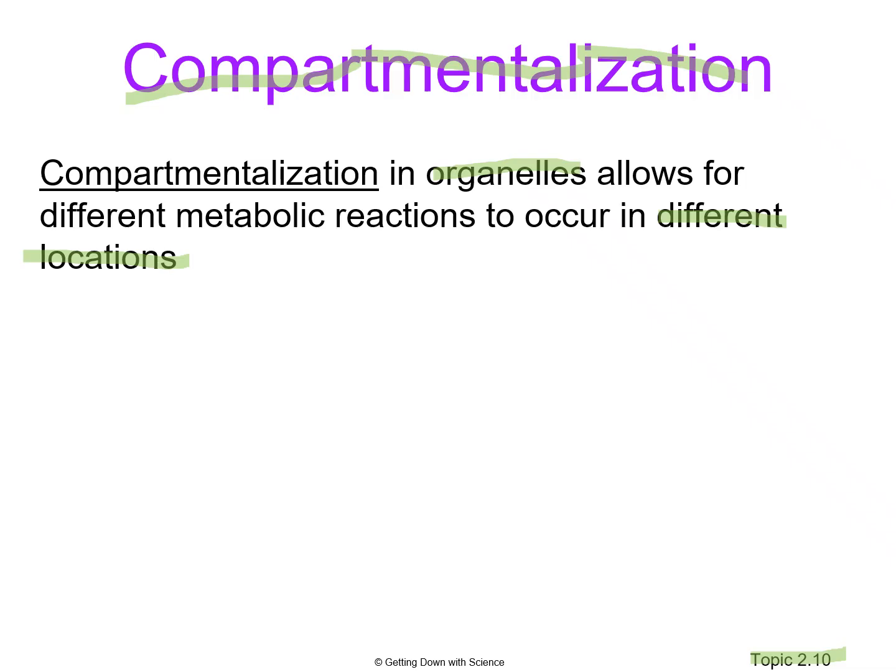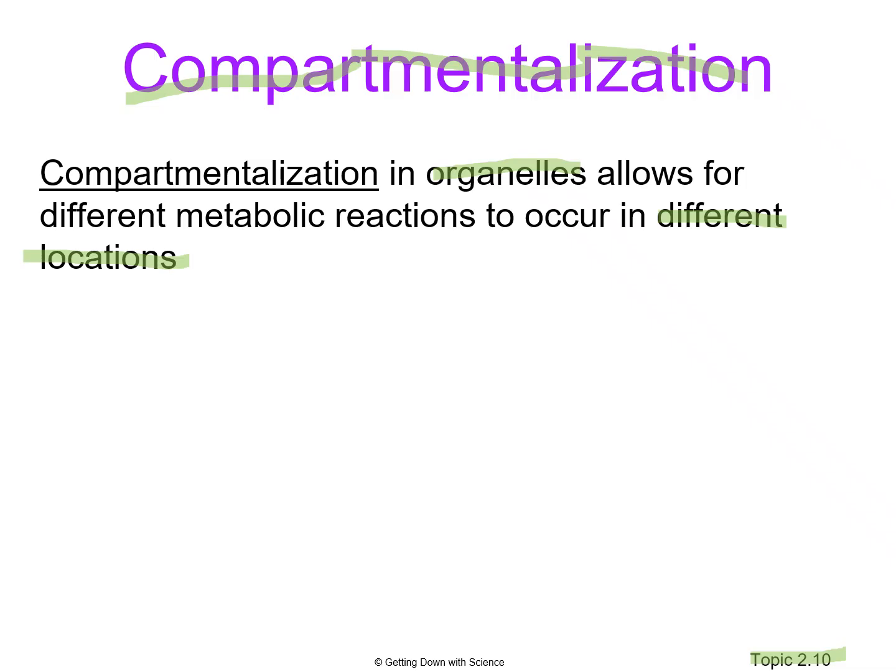So in simple terms, if an organelle is conducting metabolic reactions, and those reactions have specific places inside the organelle where they occur, then that means that the organelle is compartmentalized.